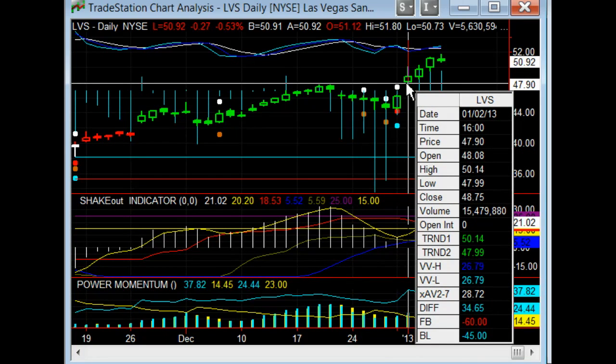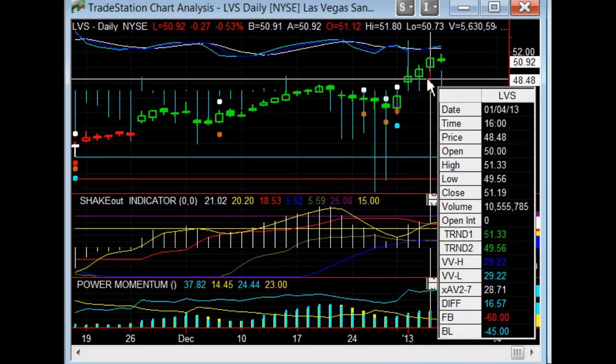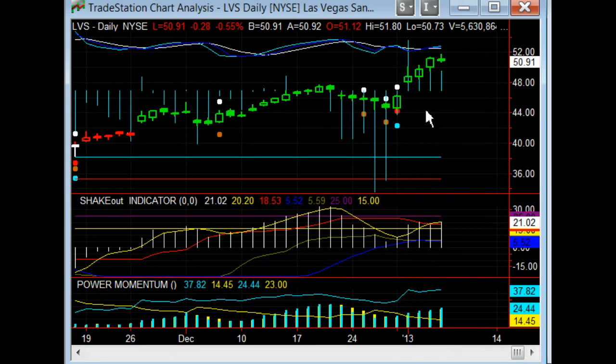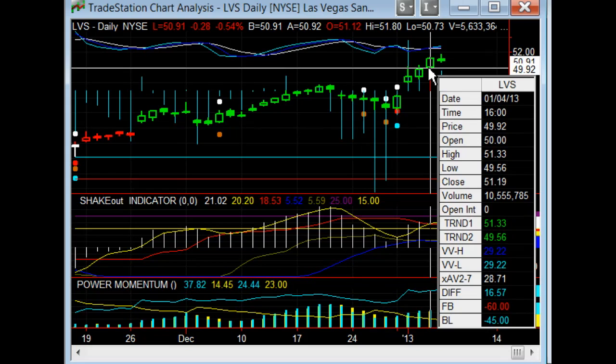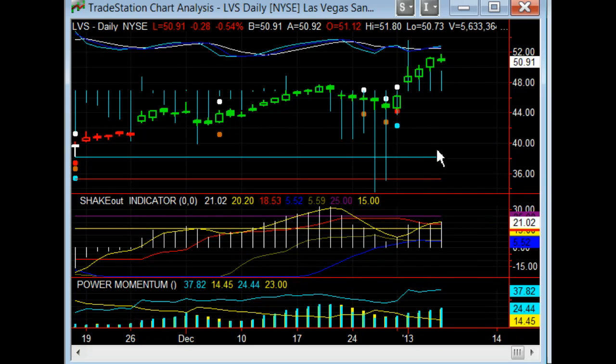All the way down to 47.99 will be the primary, but I take it one step at a time. Your first low to retest is 49.56. Get there, you'll reevaluate. You can clearly see that we're making a lower shakeout reading setup at this particular point. The key for it, though, is that we crossed the yellow above the red here, which gives you a clear idea.